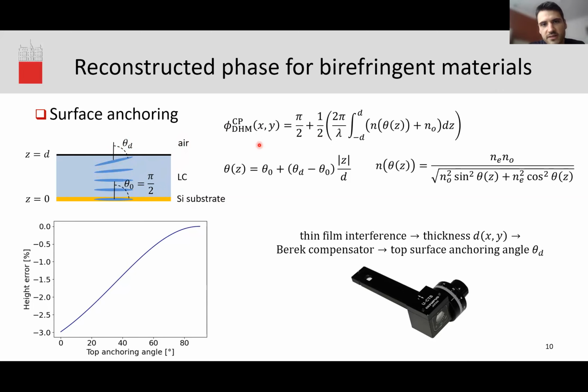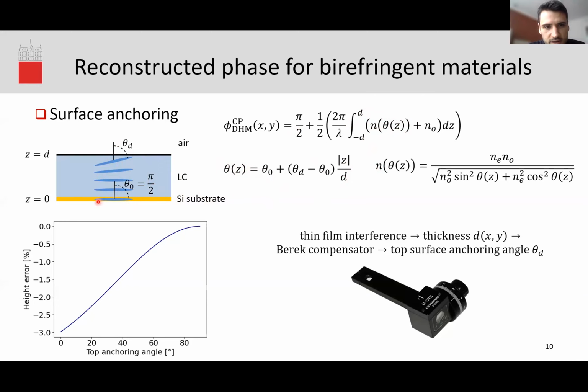And so the quantitative phase that we obtain with digital holographic microscopy now depends on the total optical path, which depends on the orientation of the molecules along the z-axis, and this orientation can be modeled with a linear profile of the angle.